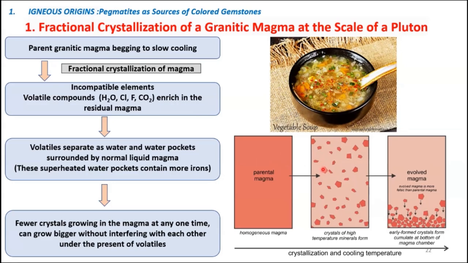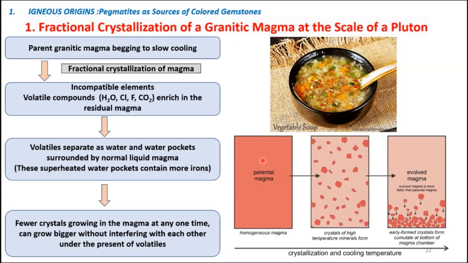We call them compatible elements, like iron and magnesium. During cooling, they mainly incorporate into these crystalline materials. If this is an iron and magnesium rich magma, olivine can crystallize. Olivine mainly contains silica, oxygen, iron and magnesium.